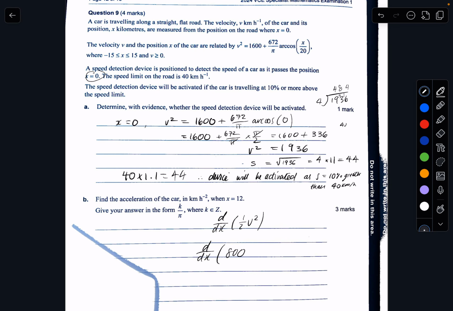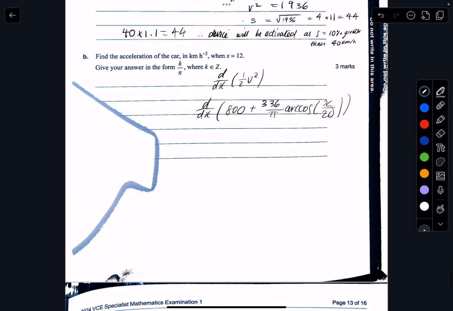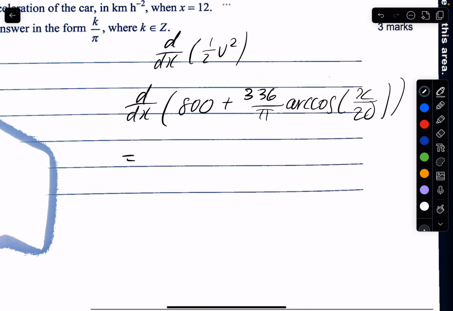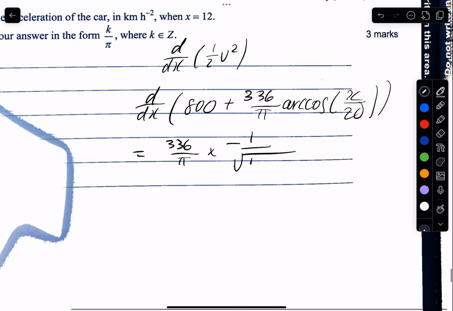800 plus 336 over pi arc cos of x on 20. Now that's just 336 on pi times the -1 on square root of 400 minus x squared.